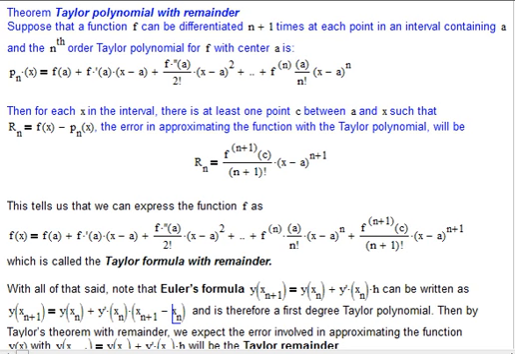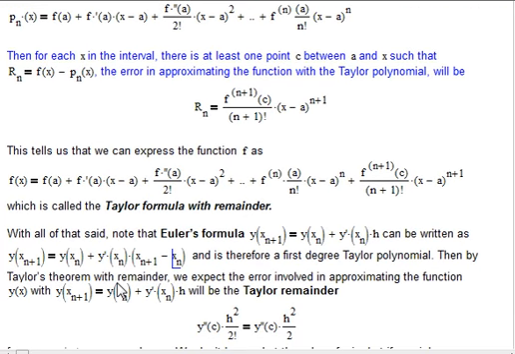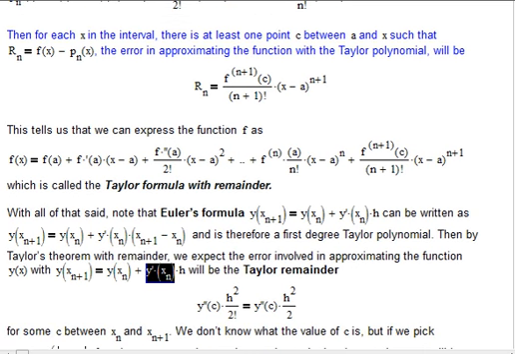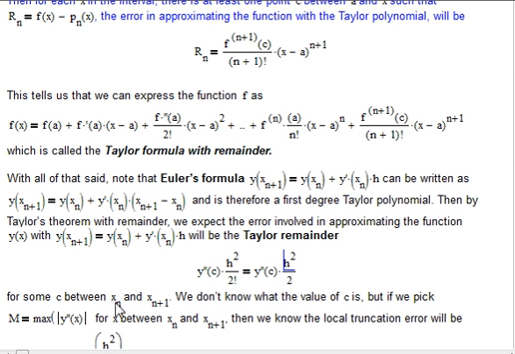Then by Taylor's theorem with remainder, we expect an error involved in approximating the function y of x at x sub n plus 1 with y of x sub n plus y prime of x sub n, and there will be a Taylor remainder: y double prime of c times h squared over 2, for c some number between x sub n and x sub n plus 1.